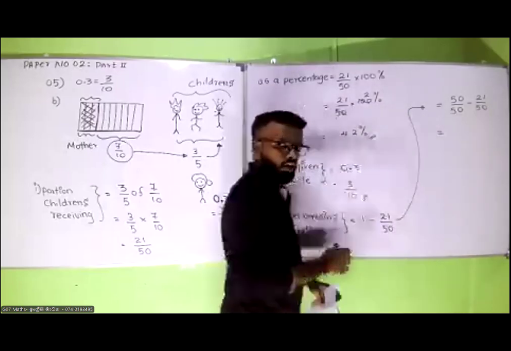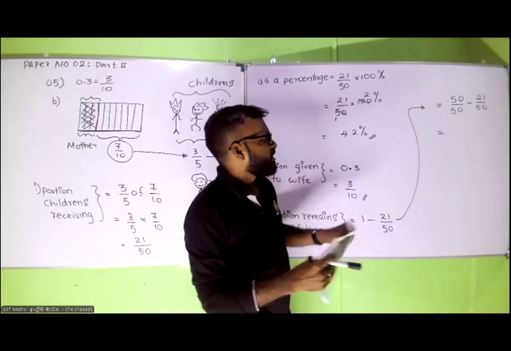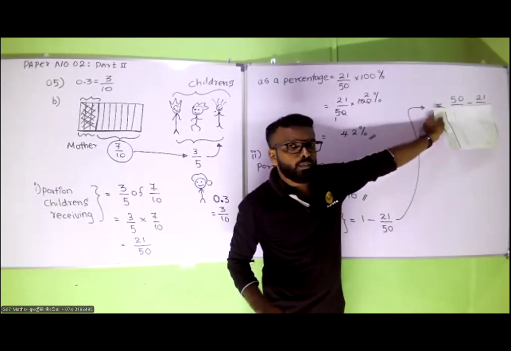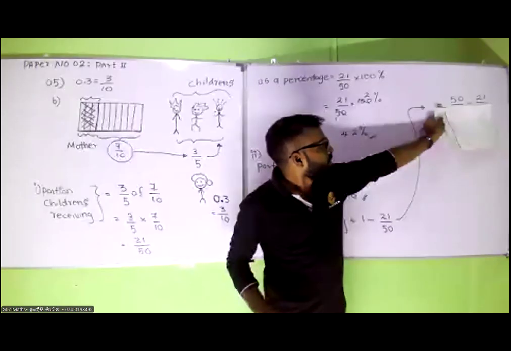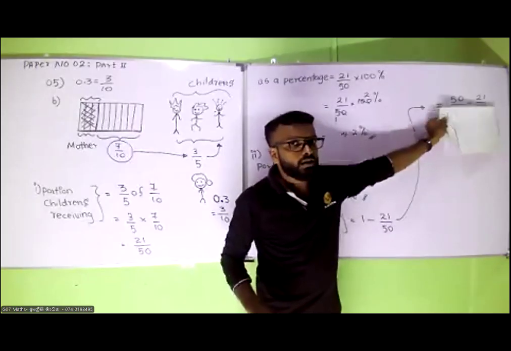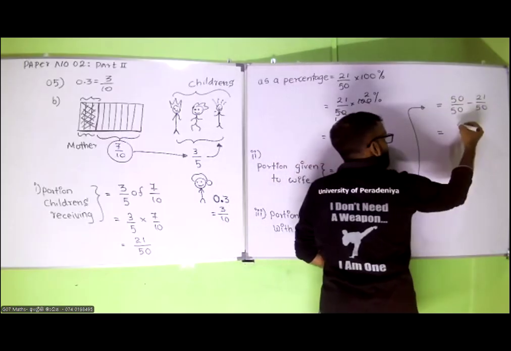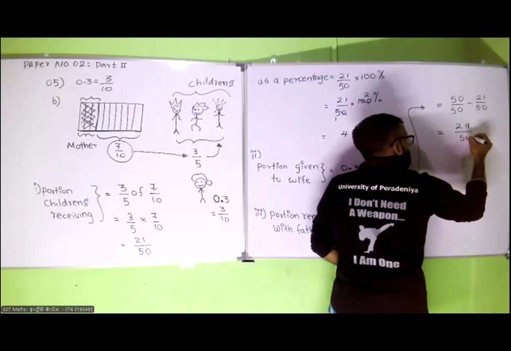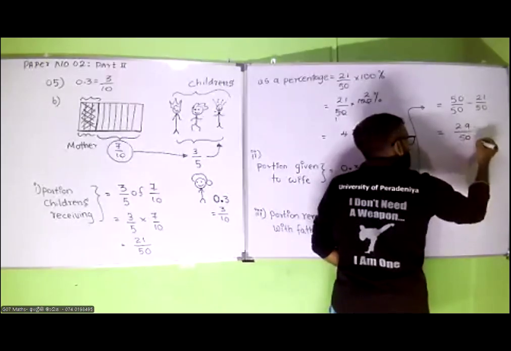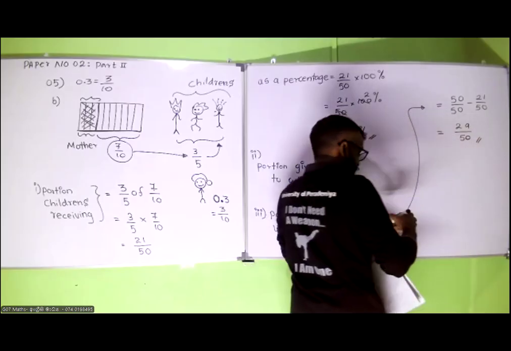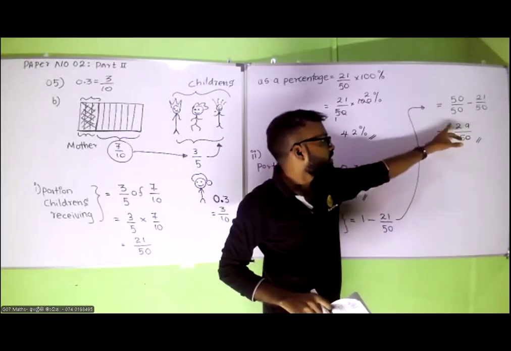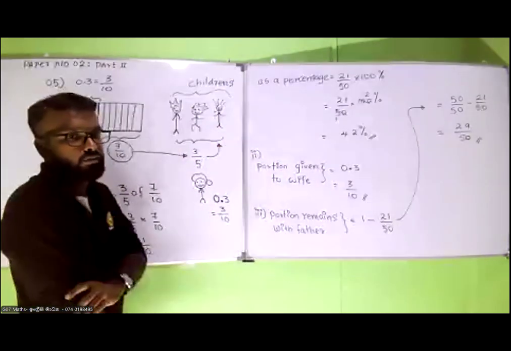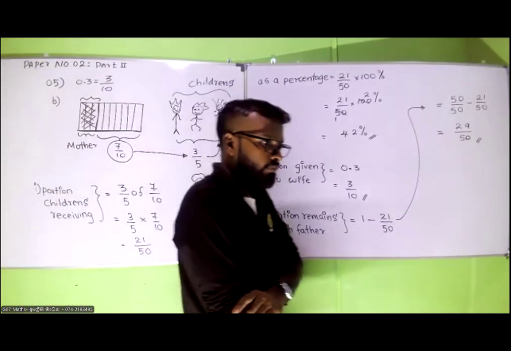Make equal denominators. 50 minus 21 is 29. So the numerator is 29 and the denominator is 50. This is the remaining portion with the father, 29 out of 50.